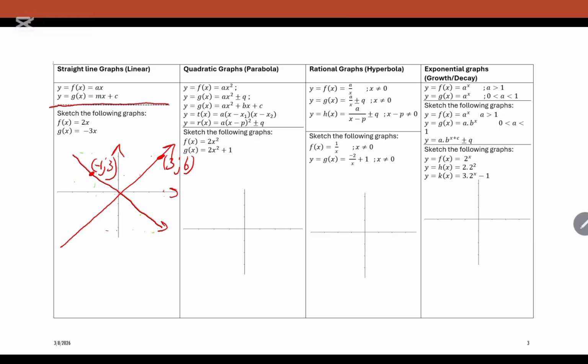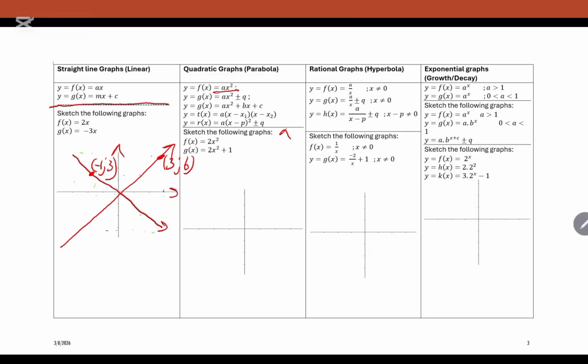Let us look at column number 2, which talks about the quadratic graphs. Just above the line, I put all forms of the standard form that we can have regarding the parabola. The first one is ax squared. This is the parabola graph that is sitting at the origin.